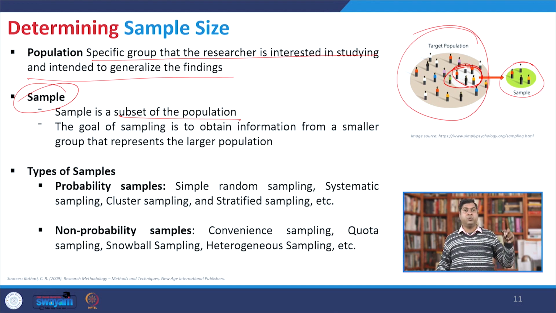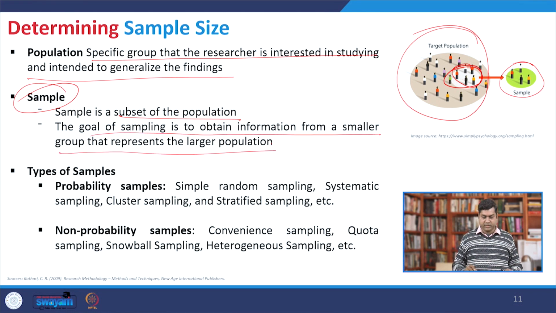If we go to a particular EWS apartment to study their building design or the way they live, we do not need to investigate each and every house. If we see some of them which are representative, that is enough for conducting that particular research. The goal of sampling is to obtain information from a smaller group that represents the larger population, as I have already mentioned.